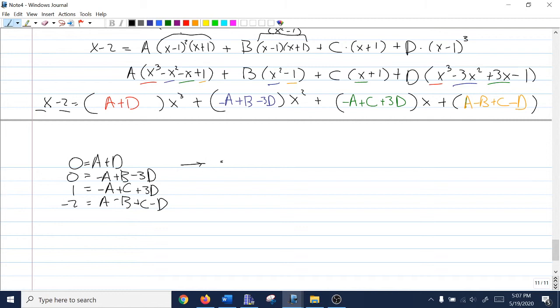This first line tells me that negative a equals d, or that a equals negative d. I'll use that to get rid of all the a's. Those three lines become these three lines. Negative a is another d. I get b minus 2d equals 0. Negative a becomes another d, so this is c plus 4d equals 1.